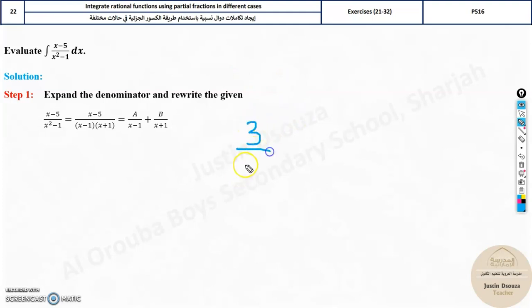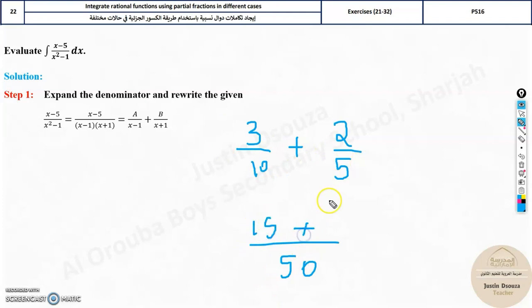Take any two numbers, for example, two fractions. I will take 3 divided by 10 plus 2 divided by 5. Now, if I add them up, I'll just use the calculator. Wait, let's do this without the calculator. You need to take the common denominator, or else I'll just take the easy method. 50, this 5 times 3 is 15, plus this 10 times 2 is 20.